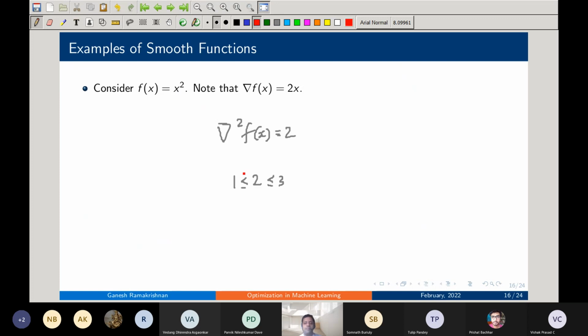I mistakenly mentioned on the previous slide that the Hessian is 1. Think of this 1 as the m and this 3 as the L. The m is for strong convexity, whereas the L on the right hand side is for Lipschitz smoothness.